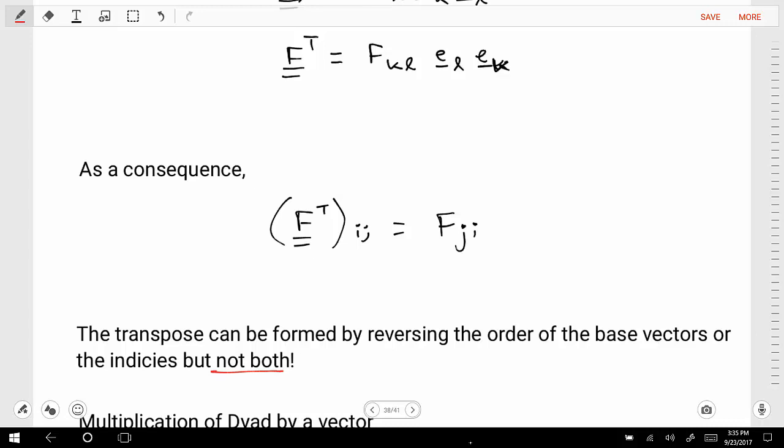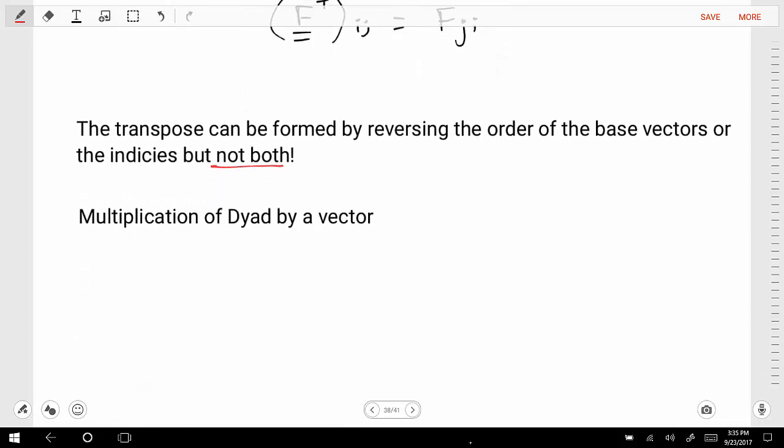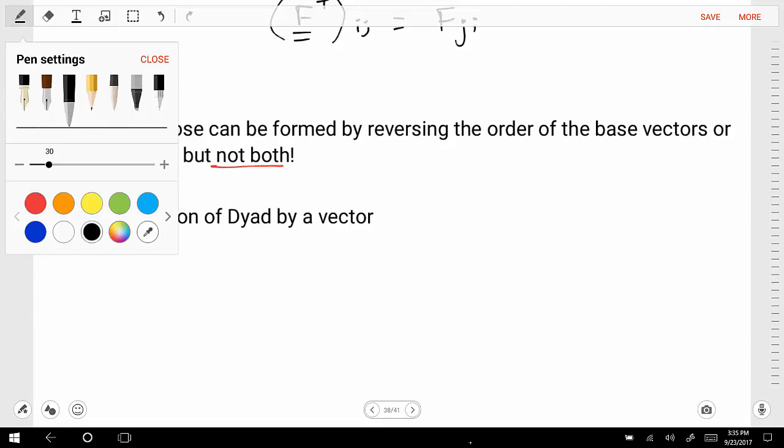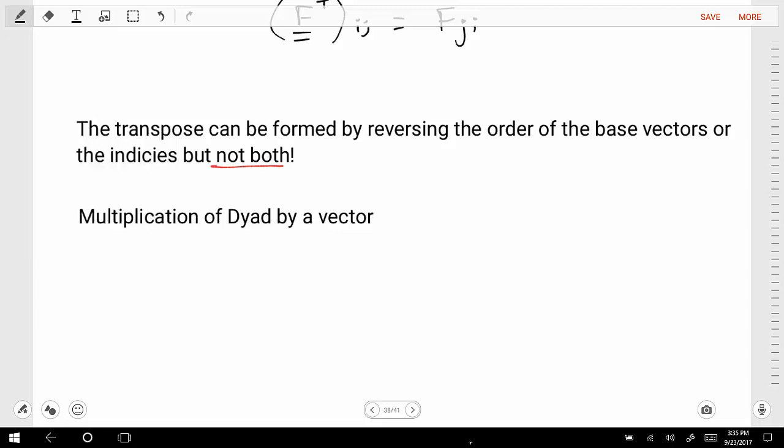Now let's look at a couple of mathematical rules for dyads. Let's first look at the multiplication of a dyad by a vector. Let's see how we might perform that operation. Say we had some vector v and we did the dot product with respect to a dyad tensor.